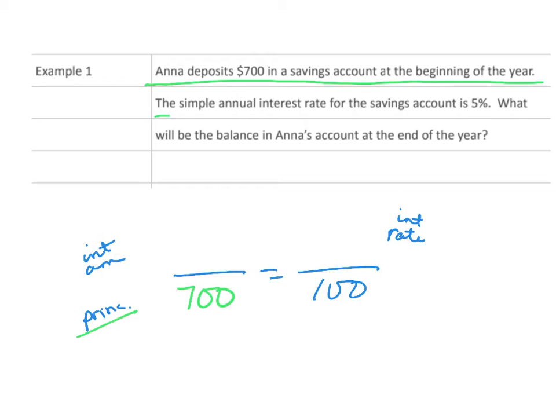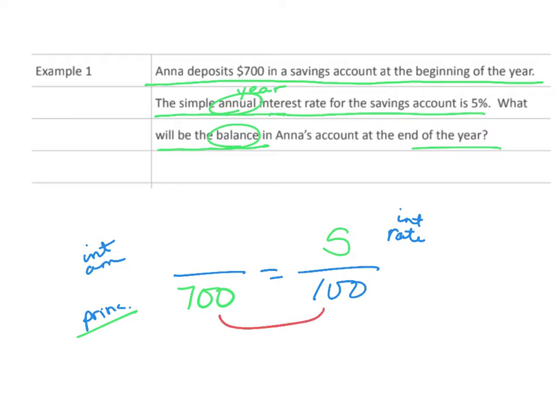Second sentence: the simple annual, and annual means year, just so you guys know, interest rate for the savings account is 5%. And as usual, percents go over 100. What will the balance be in Anna's account at the end of the year? Well, before we can do anything, we have to figure out the amount.